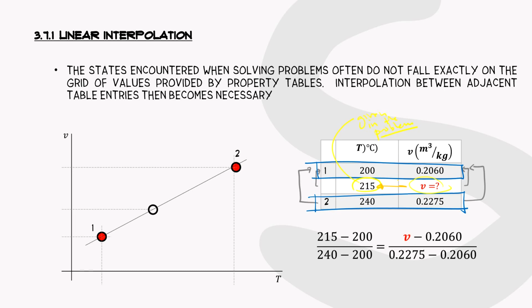But the table only has the values 200 and 0.2, and 240 and 0.2275. What if we need the value in between?